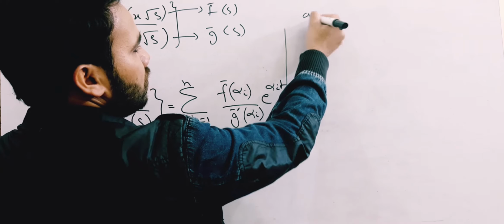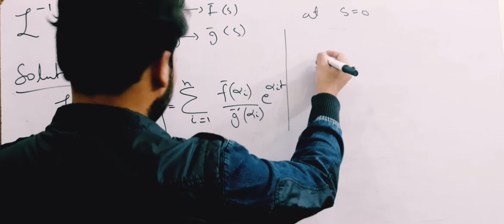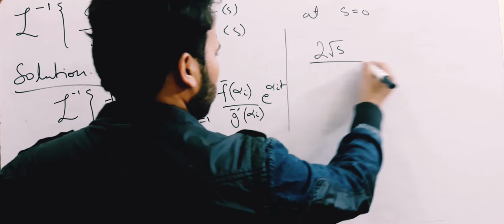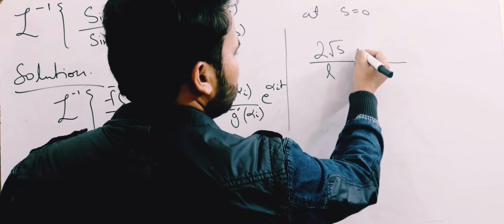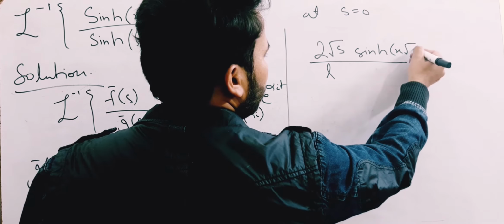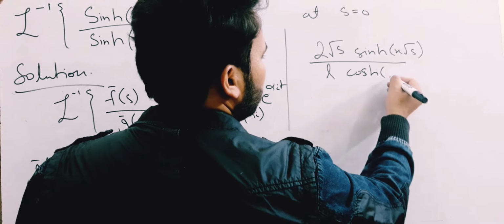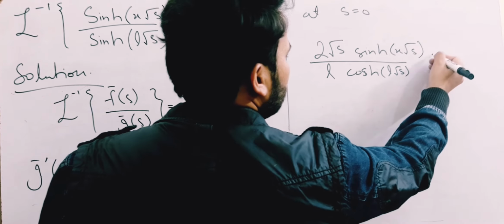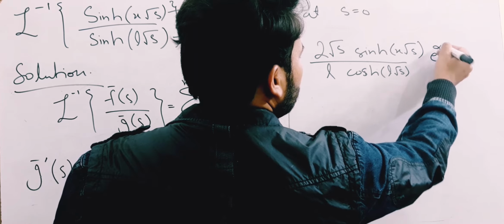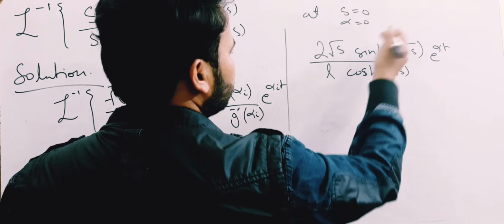At s equals 0, this will be 2 square root of s over l, sine hyperbolic of x square root of s divided by cosine hyperbolic of l square root of s, e power alpha t. s equals 0 means alpha equals 0.